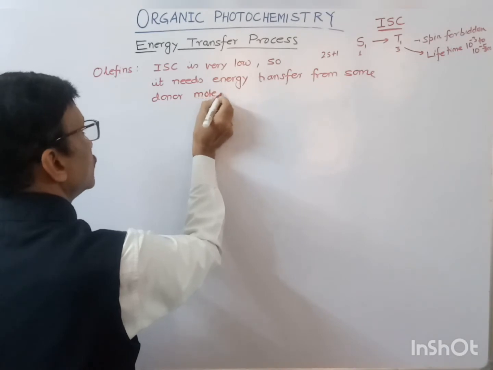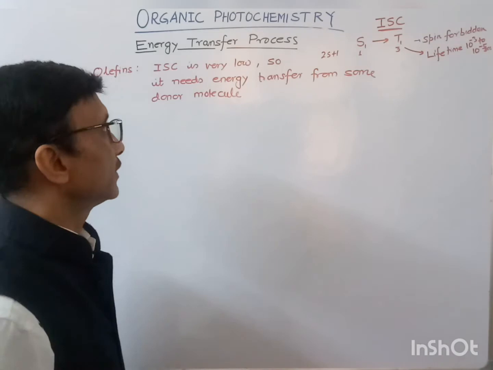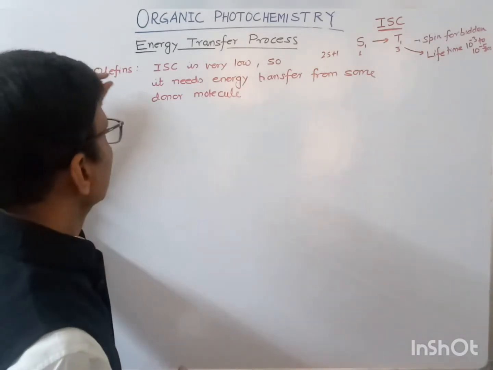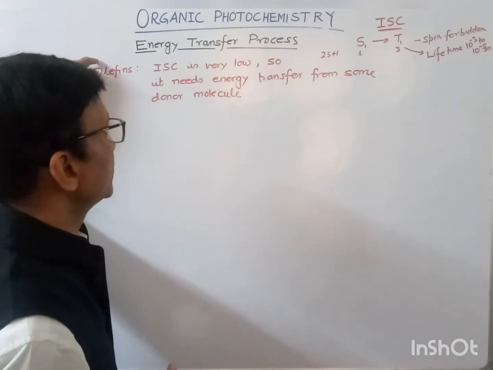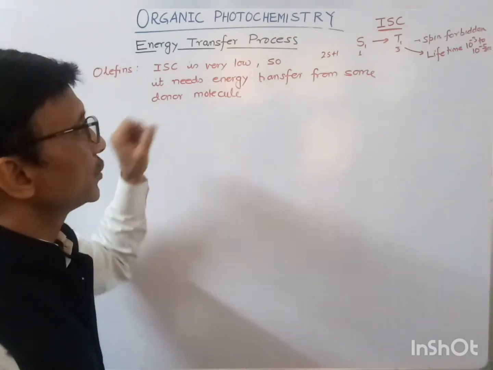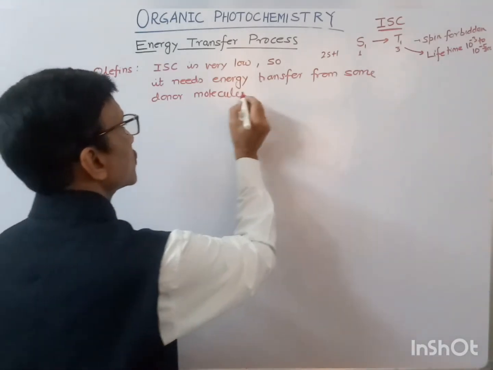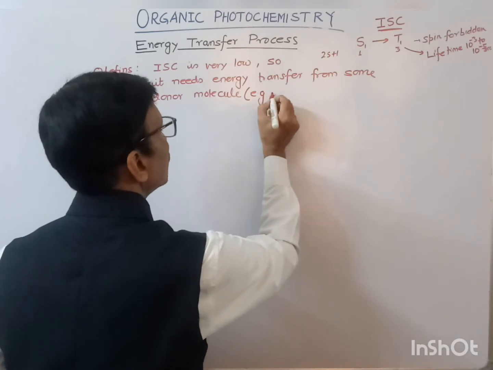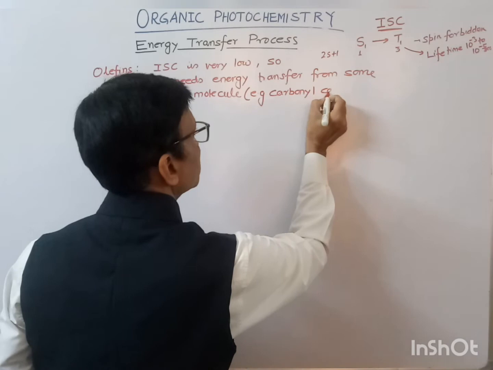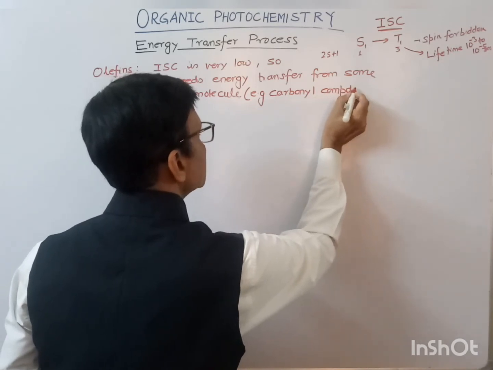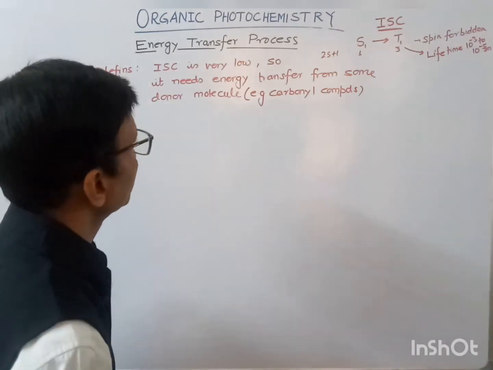And this donor molecule has efficient intersystem crossing. The olefin, as I told you, does not have efficient intersystem crossing, but the donor molecule does. For example, a carbonyl compound may act as a donor molecule because it has efficient intersystem crossing.